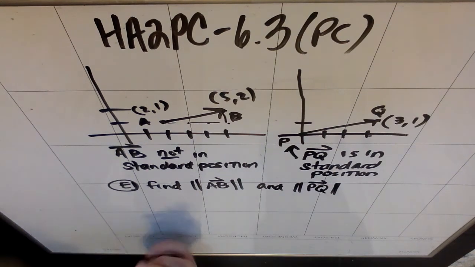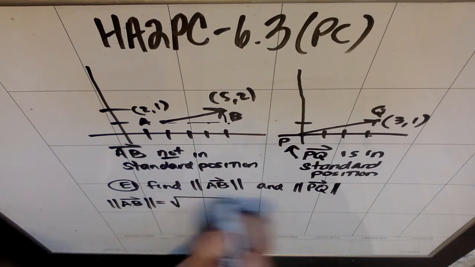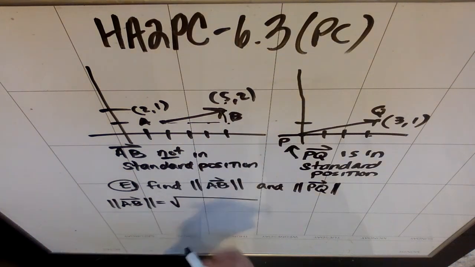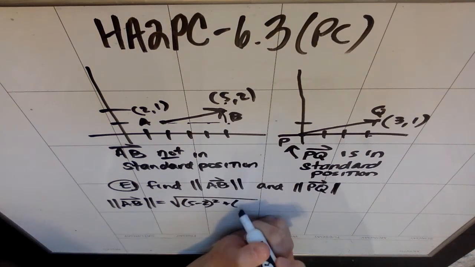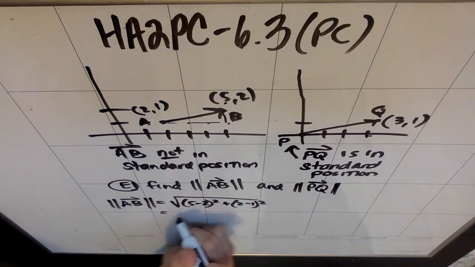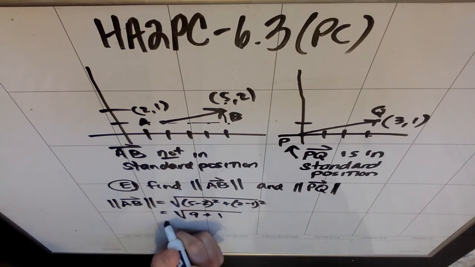The magnitude of AB is essentially the distance formula: the x-coordinate minus the x-coordinate, so that's (5 minus 2) squared, plus the y-coordinate minus the y-coordinate, (2 minus 1) squared. I get the square root of 9 plus 1, so I get root 10.